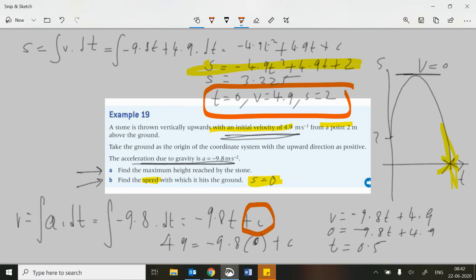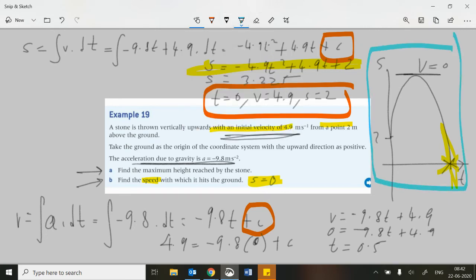So the C for the velocity when we integrated the acceleration, and also the C for the displacement when we integrated the velocity to get the displacement. Okay, and perhaps as well, a little graph of what's going on is useful. In this case, I used a displacement time graph as well. Okay, sorry about the slight messing up in the middle there and missing out the second part of part A.